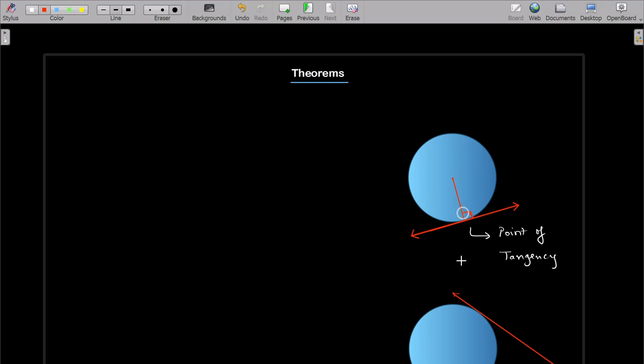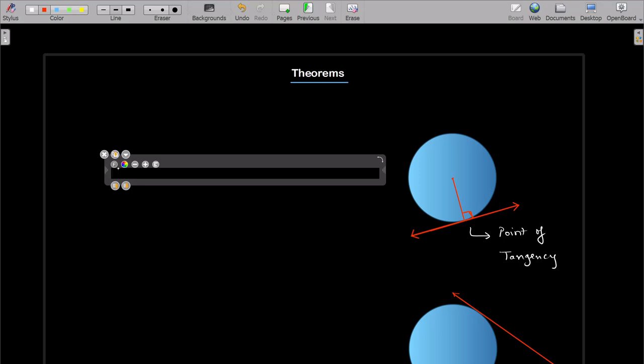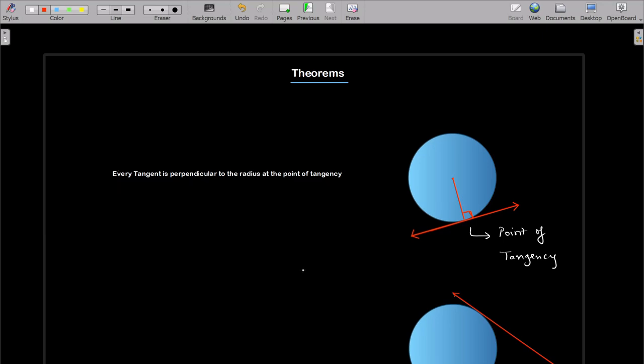That means this angle is going to be a 90 degree angle, right? Yes, exactly. So that's what this theorem tells us: every tangent is perpendicular to the radius at the point of tangency. That's the first theorem on tangents.